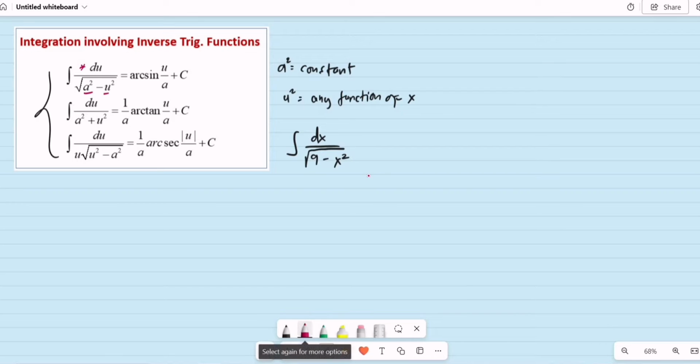Take note that we have a constant 9 minus x squared. If you observe these three equations, the first one will be applicable. This is similar to the integral of du divided by the square root of a squared minus u squared.